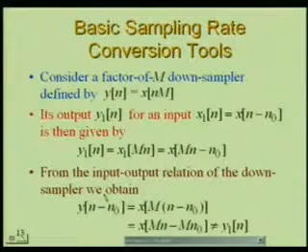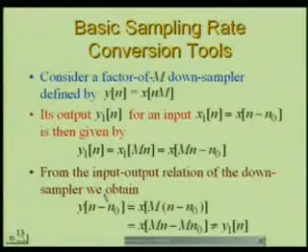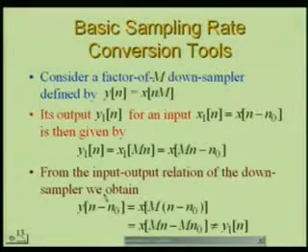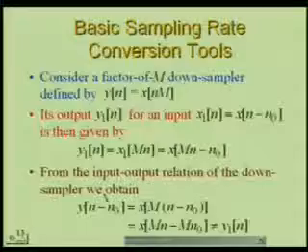What do you mean by this n minus n0? It is a delayed version of the original sequence. It is simply delayed by n0 samples, where n0 is another integer. It can be 1, 2, 3 like that. So, basically this x[n minus n0] is a delayed version of the input sequence x[n].